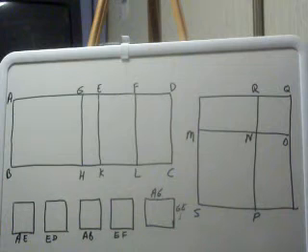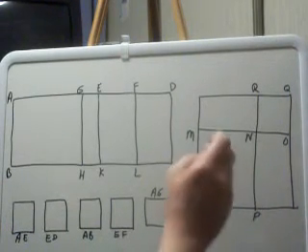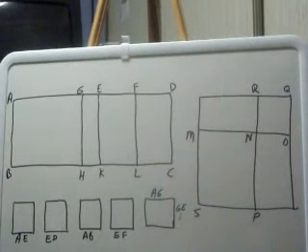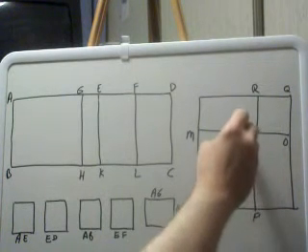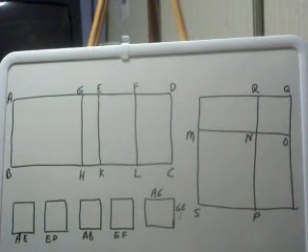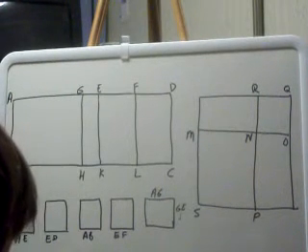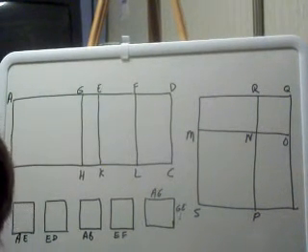These two areas are not commensurable. That is PN to NR. So, this line right here and this line right here are not commensurable. This is by Euclid Book 6, proposition number 1, and Euclid Book 10, proposition number 2.